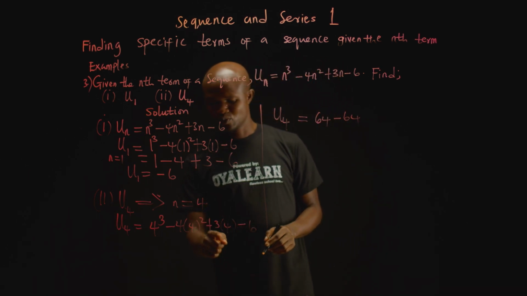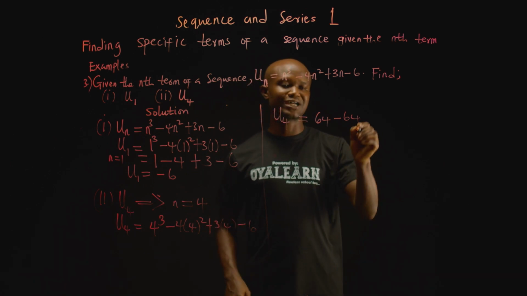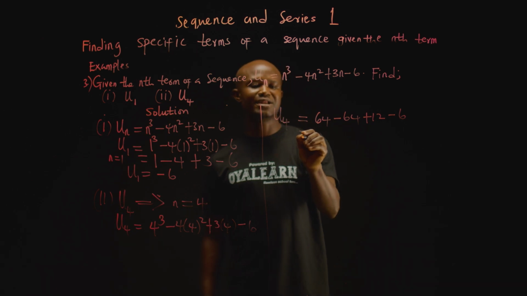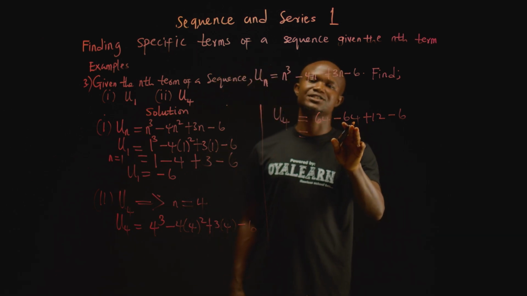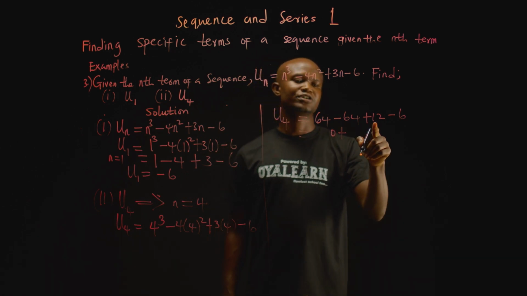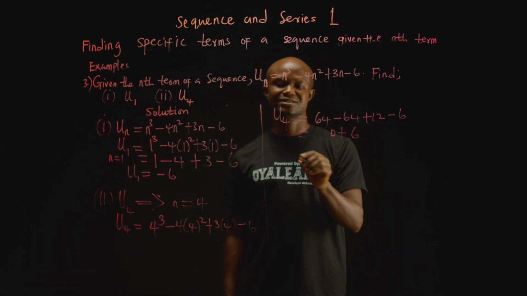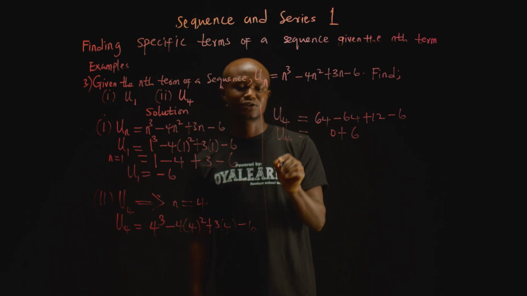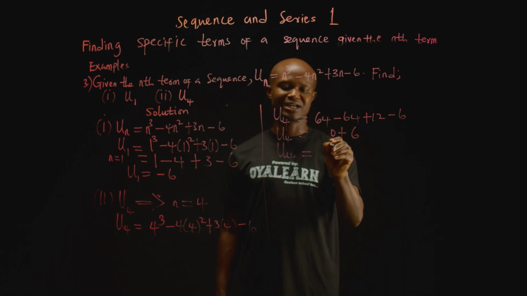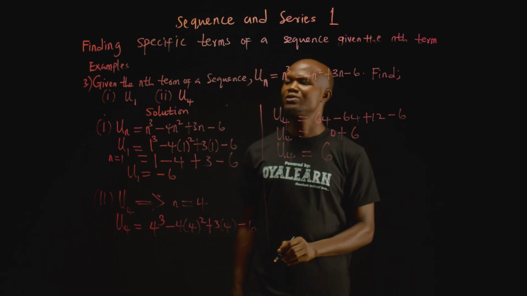Now, we have 3 times 4, that is 12. Then minus 6. Now, 64 minus 64, that is 0. Then plus 12 minus 6, that is 6. That's u4. u4 equals 0 plus 6, and that equals 6.